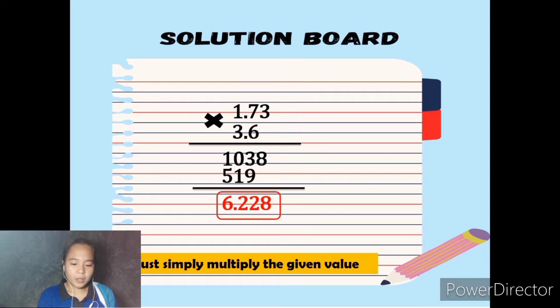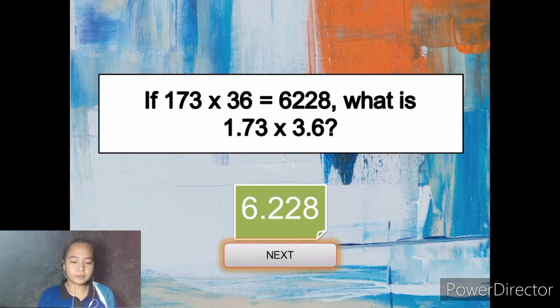So, 8 is yung 1, 2 is yung 2, and 2 is yung pangatlo. So, doon natin ilalagay yung point. Kaya yung sagot is 6.228. Ganun lang po siya kasimple. So, yun yung solution kung paano nakuha yung 6.228. So, next.